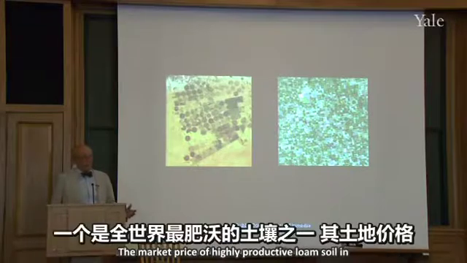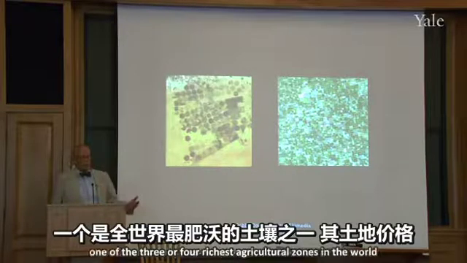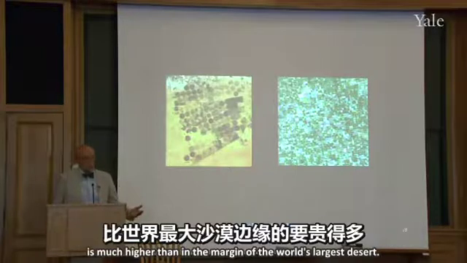The market price of highly productive loam soil in one of the 3 or 4 richest agricultural zones in the world is much higher than in the margin of the world's largest desert.